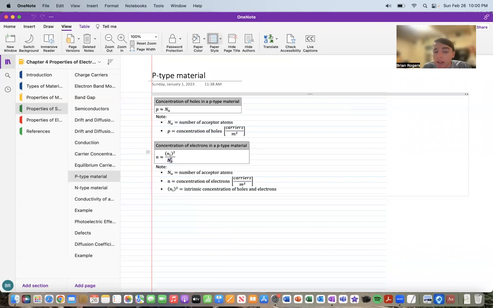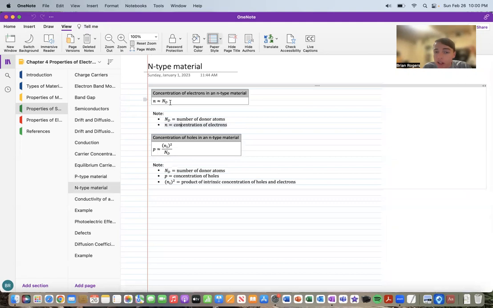That will determine how many electrons you have. If you take your intrinsic concentration and divide it by the number of acceptor atoms, you're going to be left with the number of electrons.